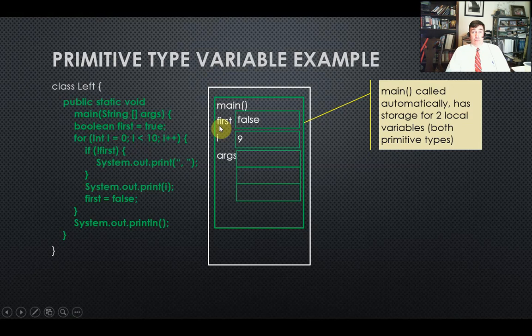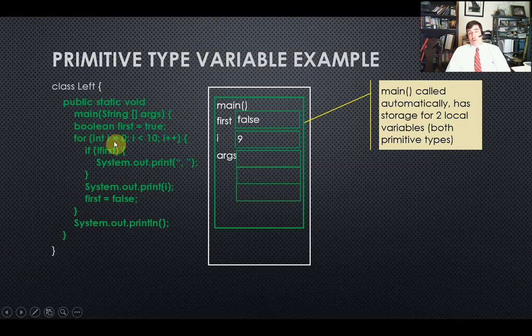It contains memory for the variable first, which in this example has false. It has memory storage for the variable I, which in this case has 9, and it has memory storage for a number of strings. And we'll get into what the strings look like a little bit later, so I'm intentionally leaving them blank. So it has storage for one parameter, args, and 2 local variables, in addition to the address of where we return to when main exits.